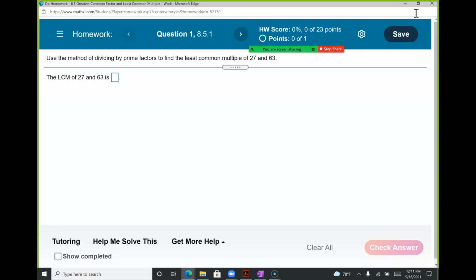But most music is in 4: 1, 2, 3, 4. So if the drummer's playing 4s and the guitar player's playing 5s, when do they meet up again? This is exactly this LCM problem. If one person's playing 4s and one person's playing 5s, when does everybody come back together on 1? Anybody want to try it with me? Anybody else a musician here?